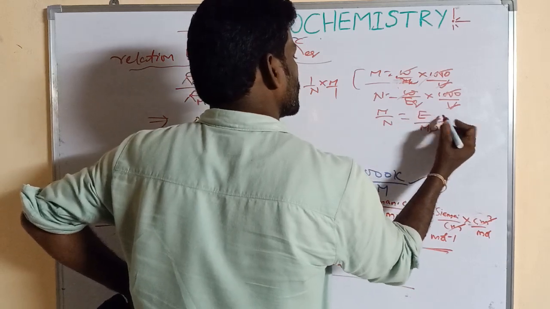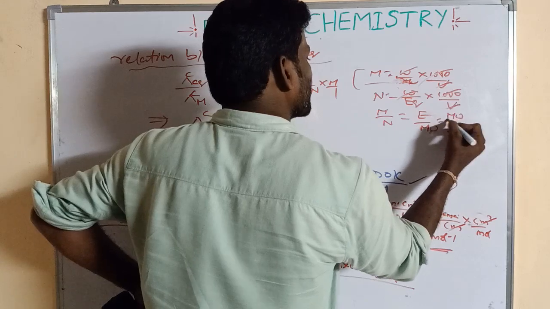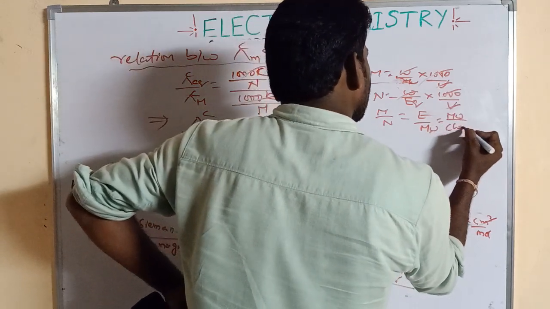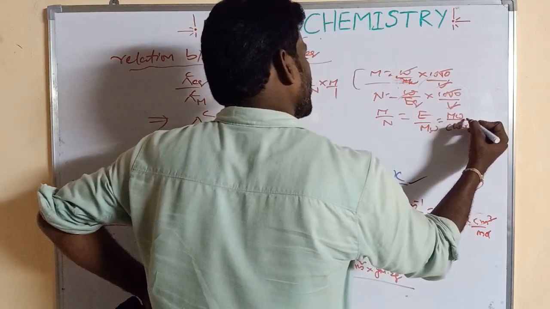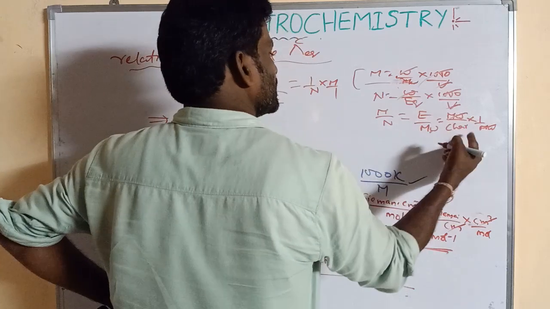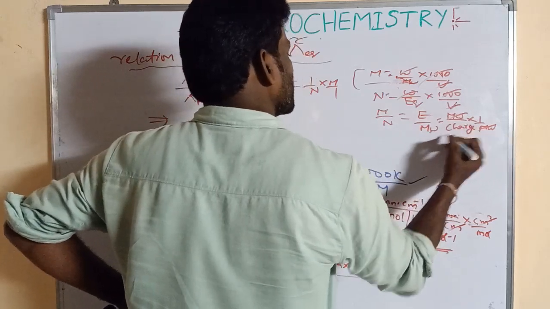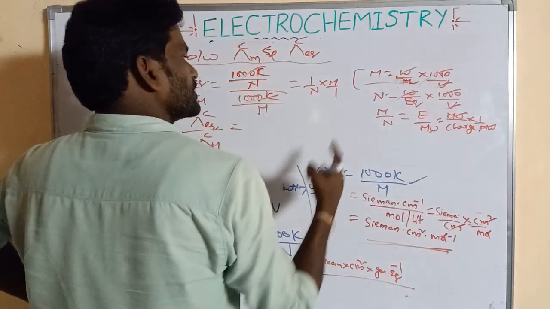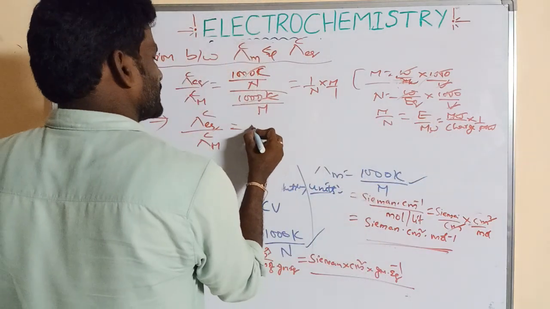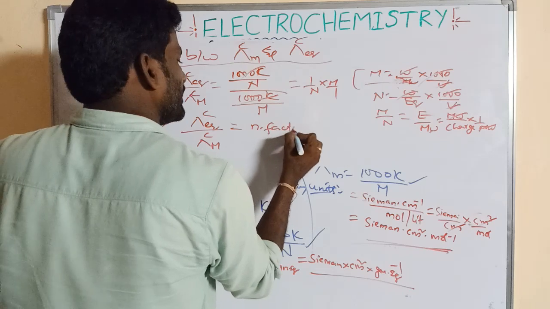Equivalent weight is equal to molecular weight by n factor, so it is like valency. So n by n is equal to valency, like n factor.